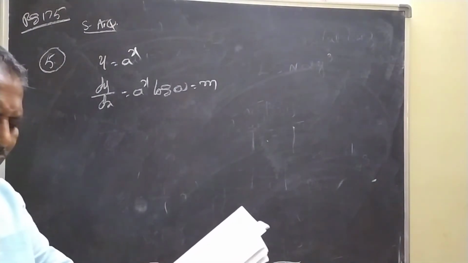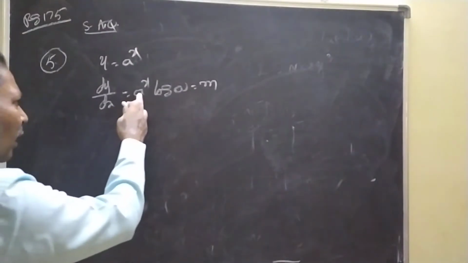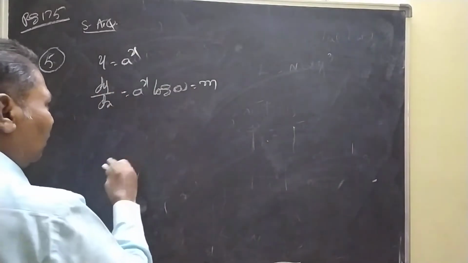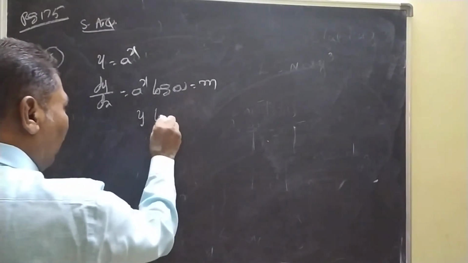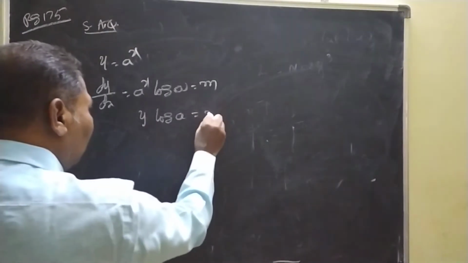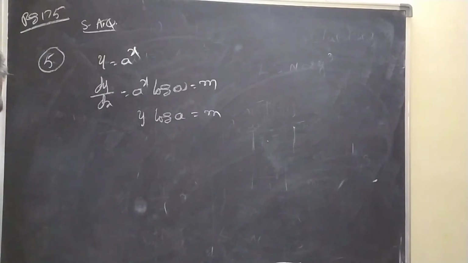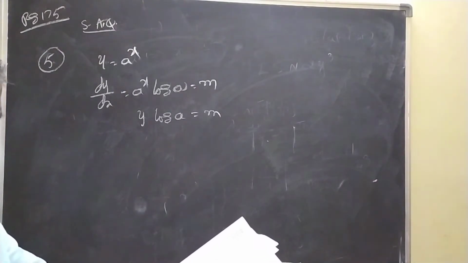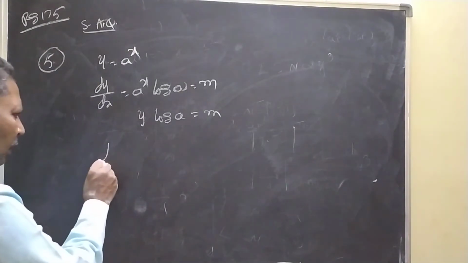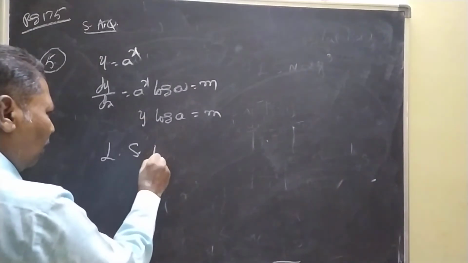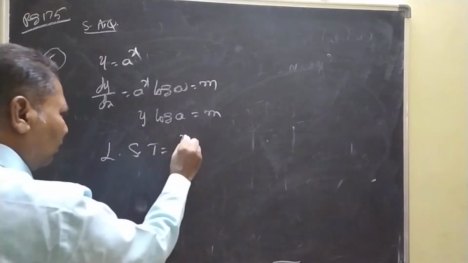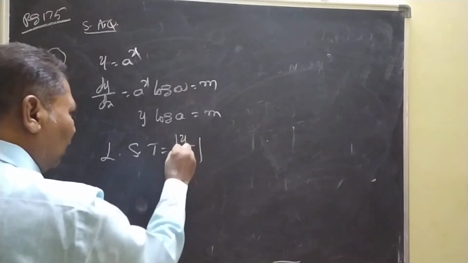So, a power x is nothing but y. So, y into log a. So, length of the subtangent, y by m.